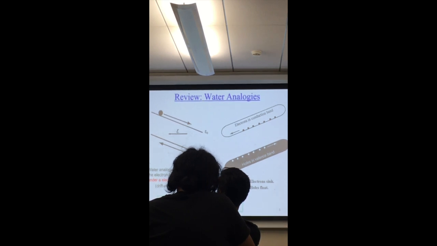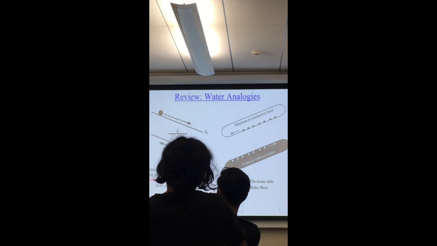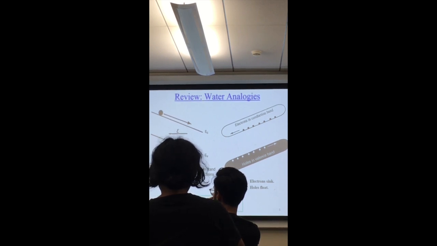If we tilt the bottle like this, then the electrons will move, basically sinking, moving down. And holes are like bubbles in an almost full bottle. If you tilt it like this, then the bubbles will float. This is the moving direction for holes.